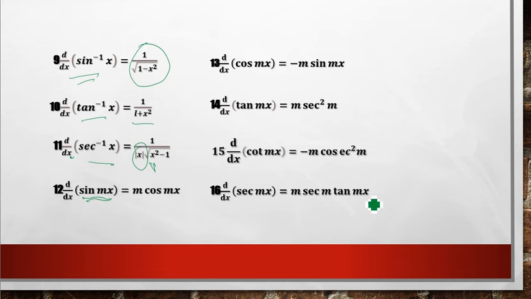So it will be your m into x. Now next, let's move to the next part. Oh, sorry, last one is left, sec mx. Now sec mx, the value is m sec mx into tan mx. Okay, m sec mx into tan mx.